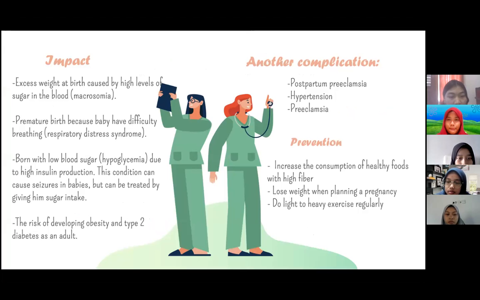In addition to babies, pregnant women also have the potential to experience complications such as hypertension in pregnancy, postpartum hypertension, and preeclampsia. I advise pregnant women to increase the consumption of healthy foods with high fiber, lose weight when planning a pregnancy, and do heavy exercise regularly. The next complication is hypertension.